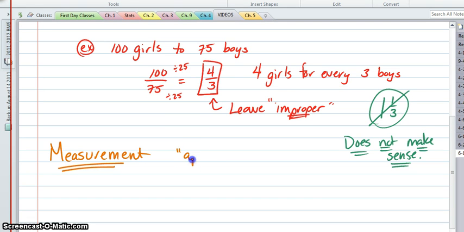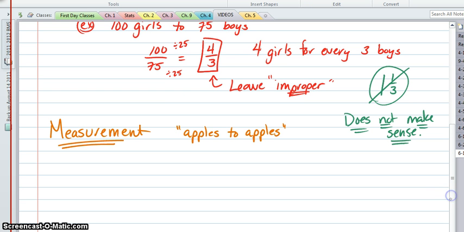So basically, you need to compare apples to apples. In the back of your textbook, you have a page that has a ton of measurements listed on it. And I'm going to list some here so that you have them in your notes, but please know that they are in the back of your textbook. So here are some rates in your book that you might find useful.